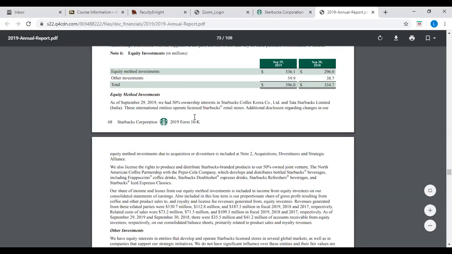These international entities operate licensed Starbucks retail stores. Additional disclosure regarding changes in our equity method investments due to acquisitions or divestitures are in Note 2. We also license the rights to produce and distribute Starbucks branded products to our 50% owned joint venture, the North American Coffee Partnership with the Pepsi-Cola Company.